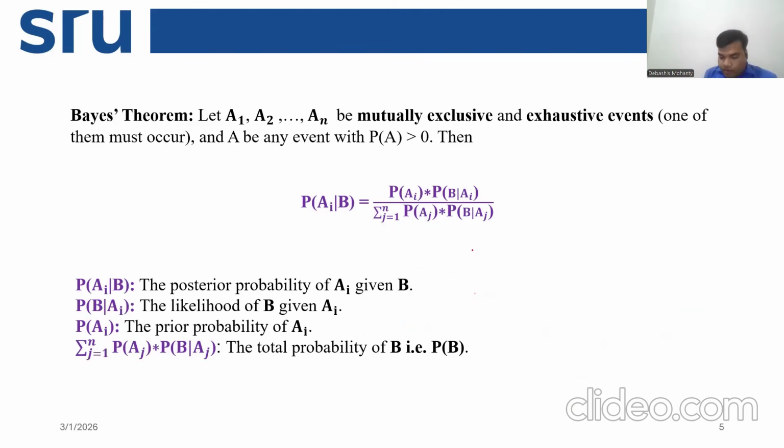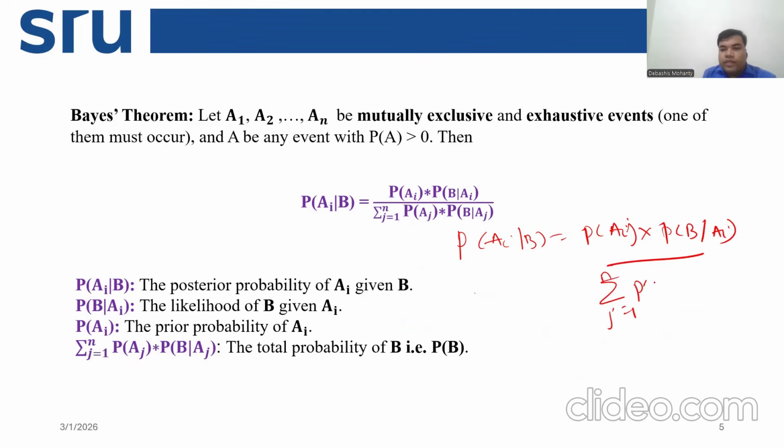Then we can write the formula: the probability of AI given B equals the probability of AI multiplied by the probability of B given AI, divided by the sum over J equals 1 to N of the probability of AJ multiplied by the probability of B given AJ. Here P(AI) is the prior probability and P(AI given B) is the posterior probability of the event AI given B. So this is the Bayes theorem.